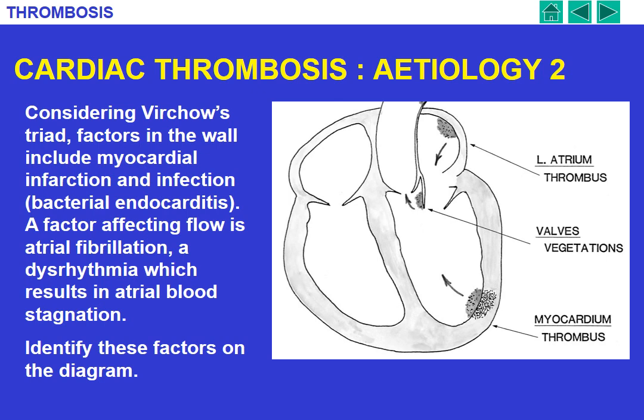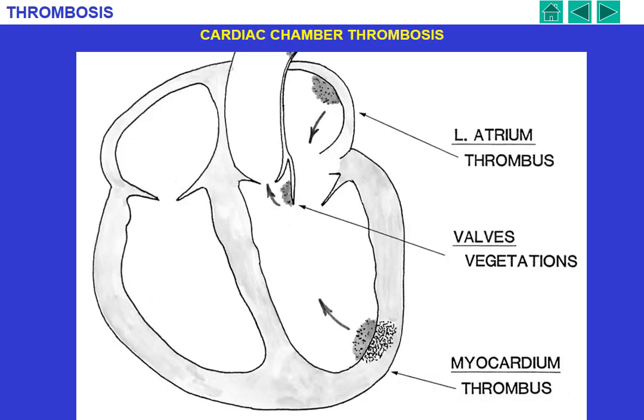Finally, moving to the top of the diagram, you can see thrombus in the wall of the left atrium, and this has been caused or promoted by atrial fibrillation, so that there's stagnation of blood and a tendency to thrombus formation. Note once again on this slide the three common sites of thrombosis in the cardiac valves and chambers.